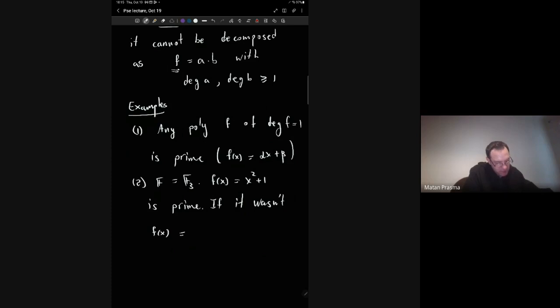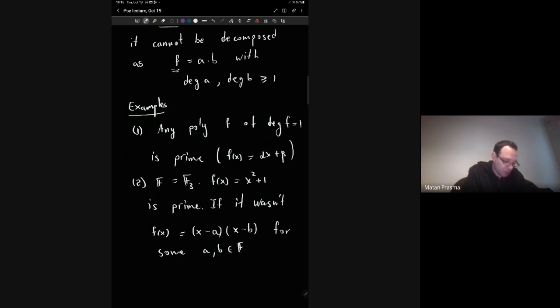And since f has 1 as its coefficient of the leading monomial, I would have (x minus a)(x minus b) for some a and b in F. But you can check that f does not have any root.